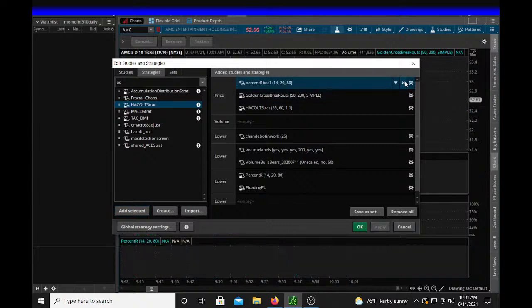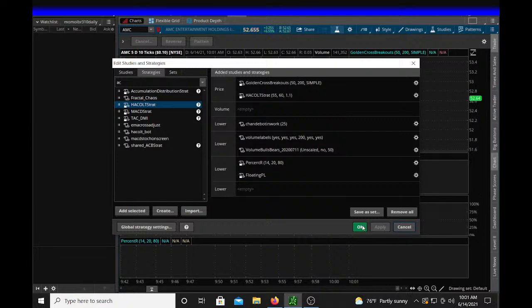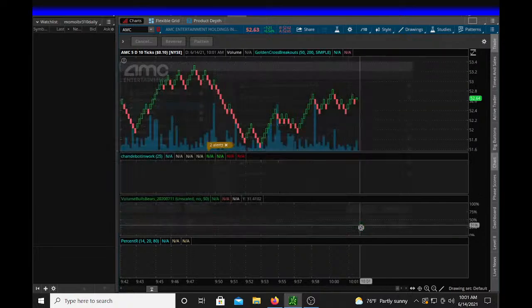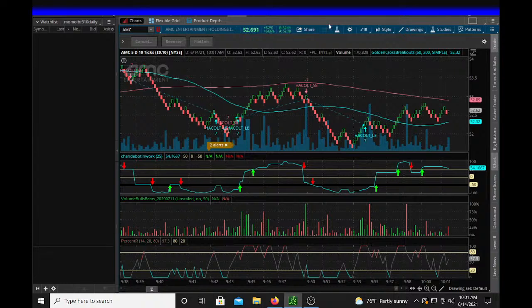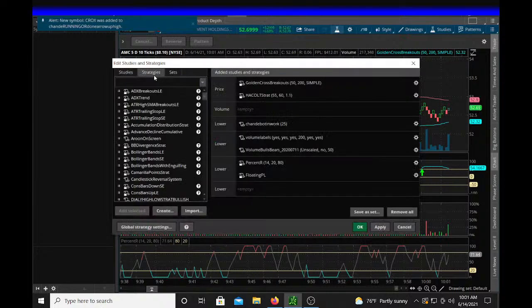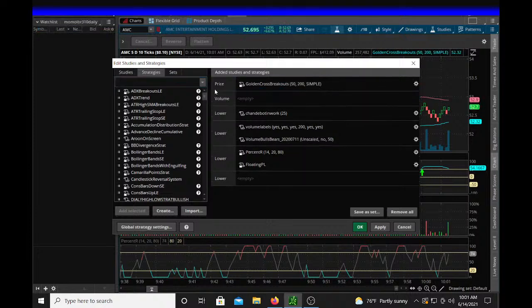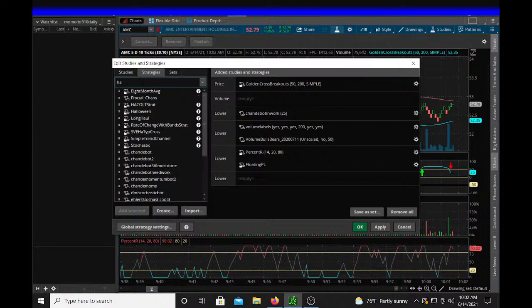Alright, so let's get rid of that one. We'll hit apply. Let's see how well HA Colt does. Or maybe I just never noticed the HA Colt strategy in there before, but I don't think that was there before.